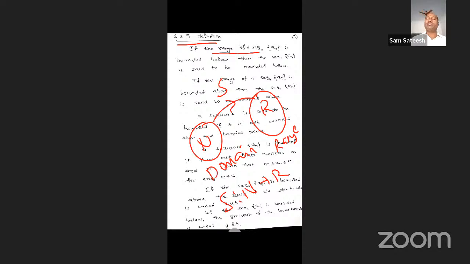If the range of a sequence an, where an is a function name, is bounded below, then the sequence an is said to be bounded below. Okay, I will explain taking an example in the next image.